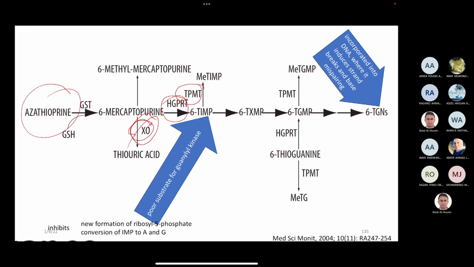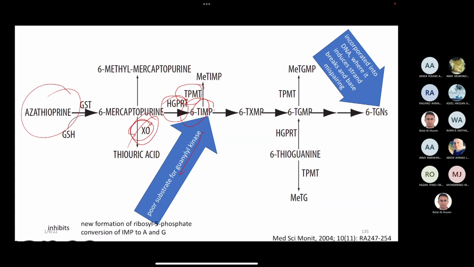We have many intermediates in the activation of the drugs, like TIMP, which is thioinosine monophosphate. Thioinosine monophosphate is thought to be a poor substrate for guanylyl kinase, so it inhibits the conversion of inosine monophosphate to adenines and guanines.